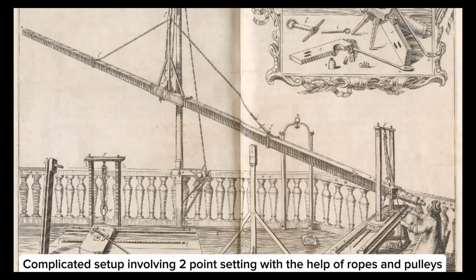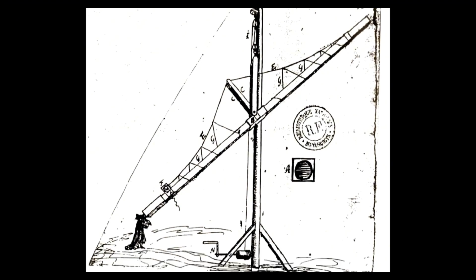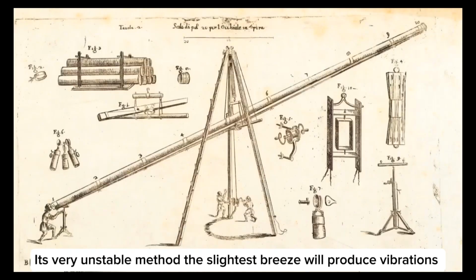You have a mounting system that involves ropes and pulleys to actually orient the telescope, and a mounting setup at the eyepiece. These are very huge instruments, and the slightest breeze can actually produce huge and powerful vibrations.